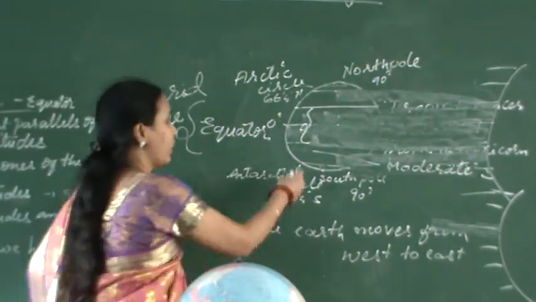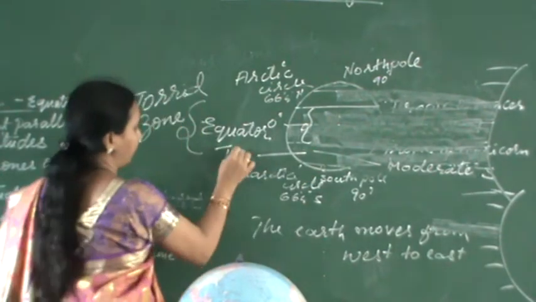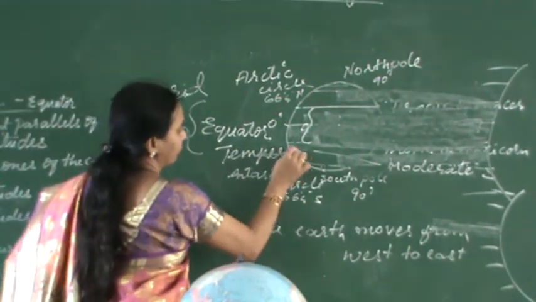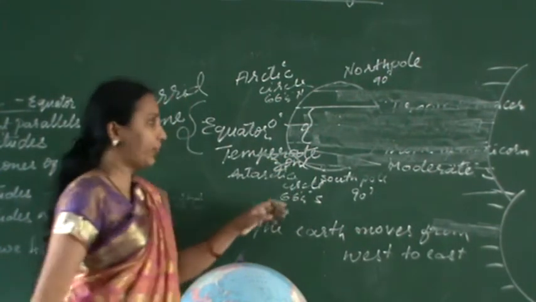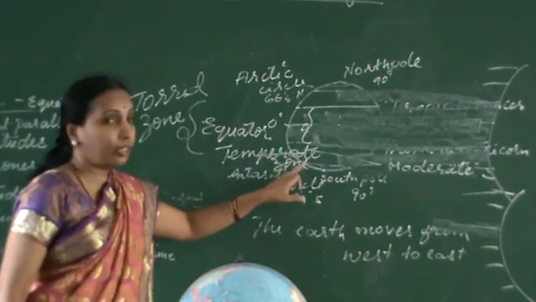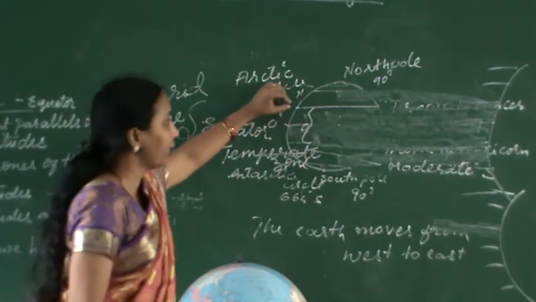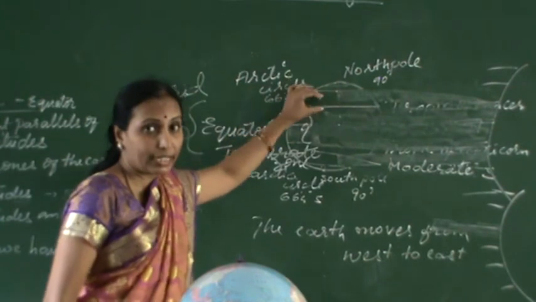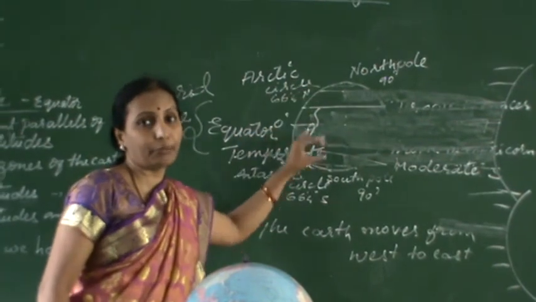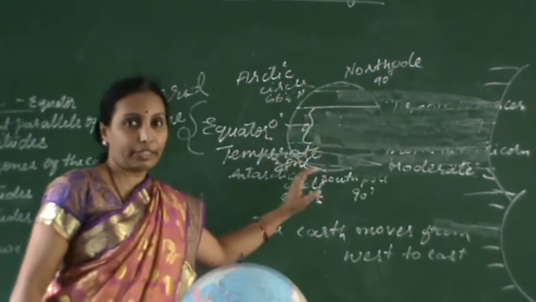So it is called a temperate zone. The area between the Tropic of Capricorn and the Antarctic Circle, and the area between the Tropic of Cancer and the Arctic Circle, are called the temperate zone because of the moderate temperature.